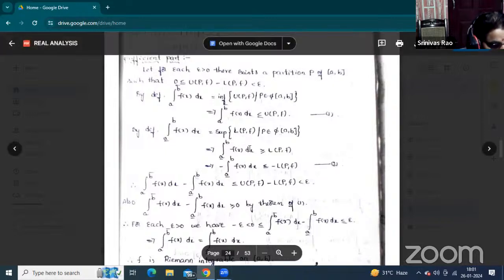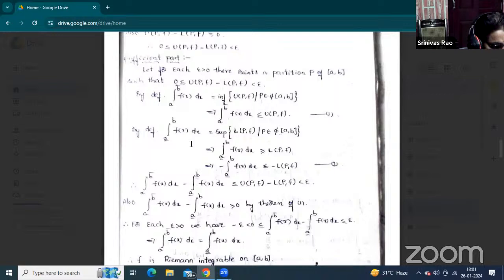Now, in the same manner, from the definition, the lower Riemann integral equals the supremum of L(P,f), and the lower Riemann integral is always greater than or equal to the lower Riemann sum. So the order condition between the lower Riemann sum and the lower Riemann integral is that the lower Riemann integral is greater than or equal to the lower Riemann sum. At the same time, we apply negation here between the lower Riemann integral and the lower Riemann sum.